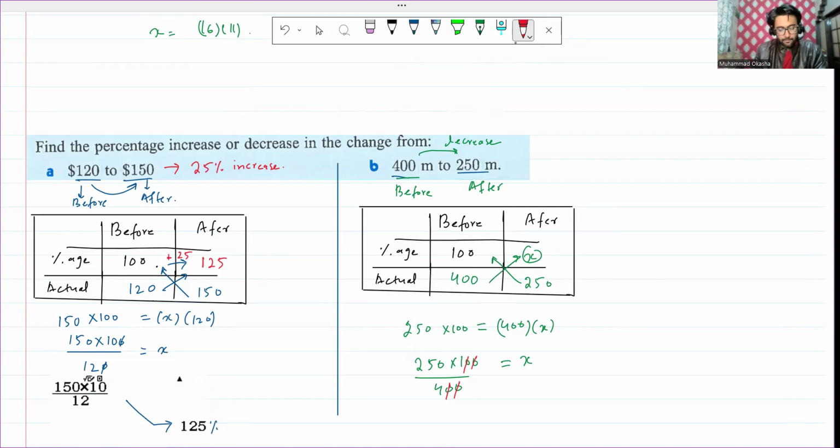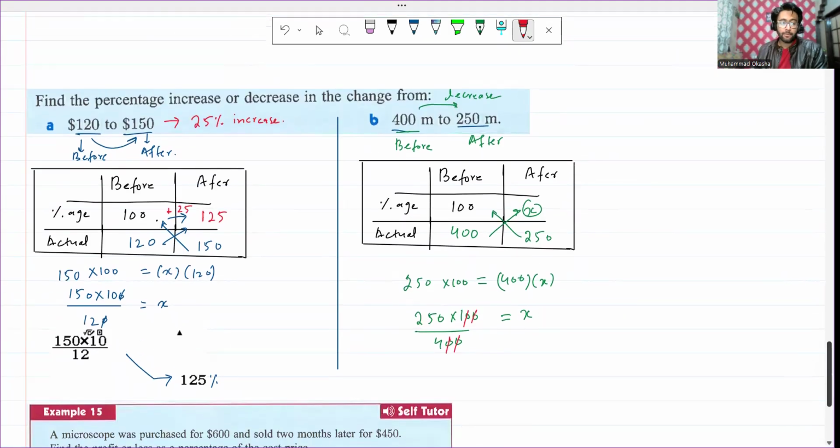I'm sorry, 250 divided by 4. What am I doing? 250 divided by 4 is 62.5. X is equal to 62.5.